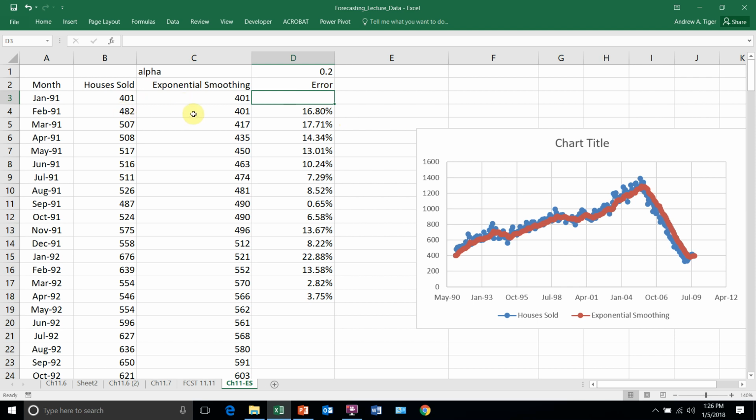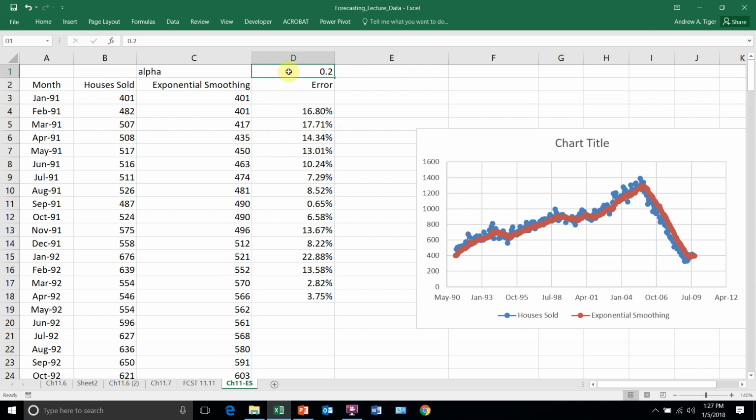But after that, you can see the next one. This is what really happened. This is what my forecast said, so I was off 16%. I'm off about 81 units, 81 houses sold. But that number can change from different product or different system. So a percent error to me makes more sense. I'm 16%, 17%, 14%, almost really good, less than 1%.